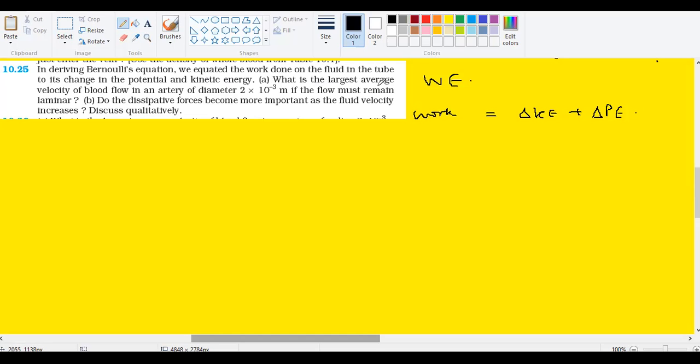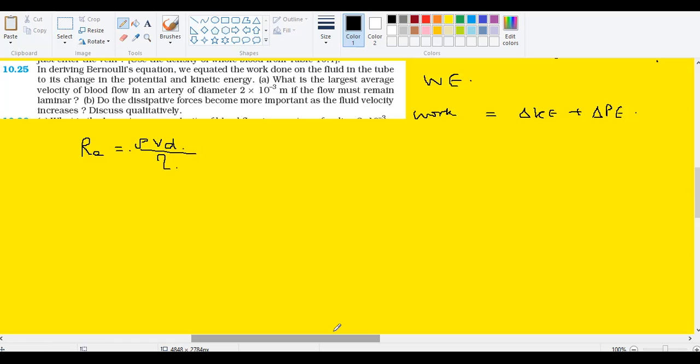What is the largest average velocity of blood flow in an artery of diameter 2 × 10^-3 meter if the flow must remain laminar? So laminar flow means we said something like Reynolds number. Anybody remember the formula? Reynolds number is rho V D divided by eta.